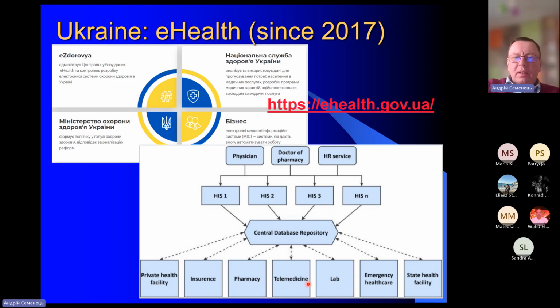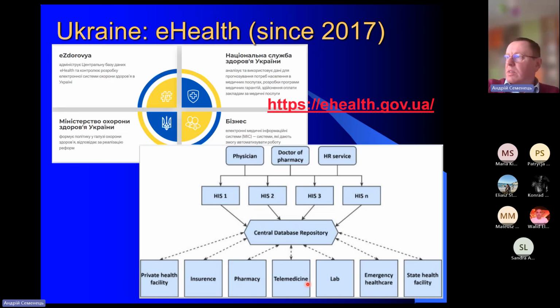Anyway, in 2017, significant efforts were made, and finally we got success with the introduction of the National Health Network. So since then, all healthcare facilities in Ukraine are obligated to use EMR. It was started gradually for the first 2 years, only for the first level of healthcare, protecting family, ambulatory family doctors, ambulance, family doctors, and so on.